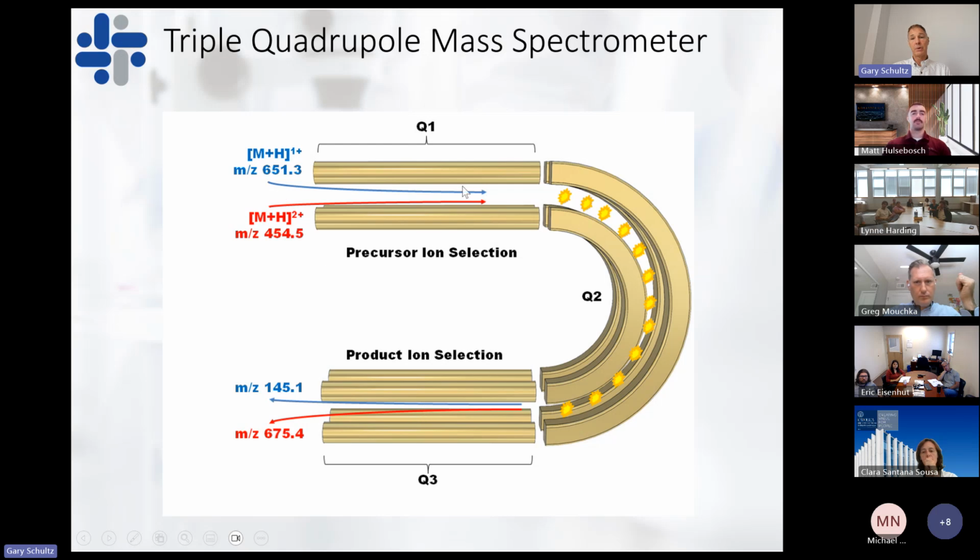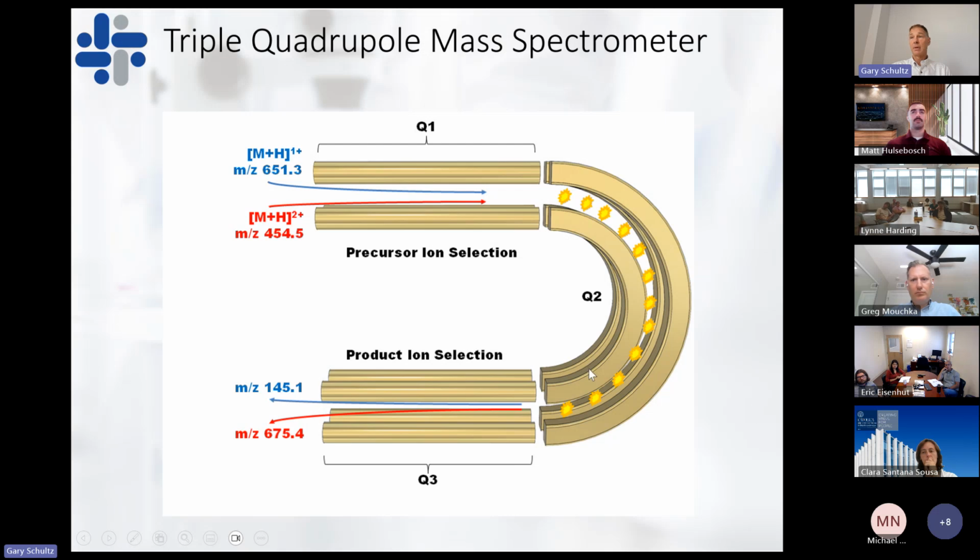We choose which ions pass through this first filter, fragment those ions, and then measure the product ions selectively. These quadrupoles can switch from one selection to another in around 2 milliseconds in today's systems, allowing for hundreds of SRM, selected reaction monitoring, experiments to take place every second.